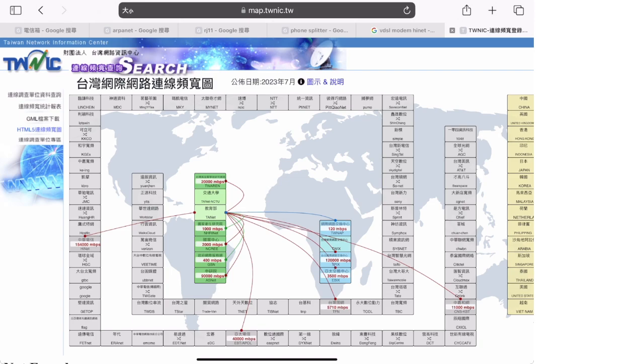So by using those links, different ISPs connect with each other and form the internet, right?